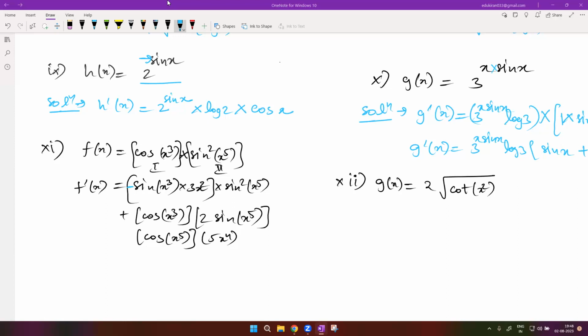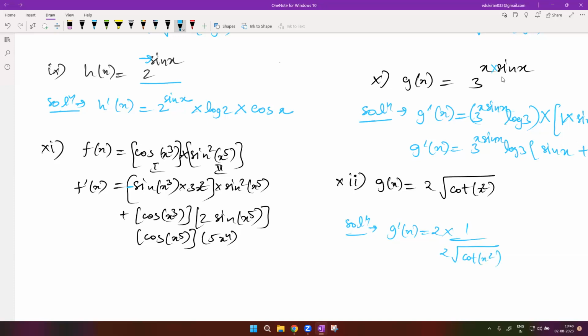So to solve this, first we have to treat the root, right? The differentiation of root is 1/2 root of the same quantity, so it should be g dash x. 2 is kept constant, 1 by 2 root of the same quantity, which is cot of x square, right?